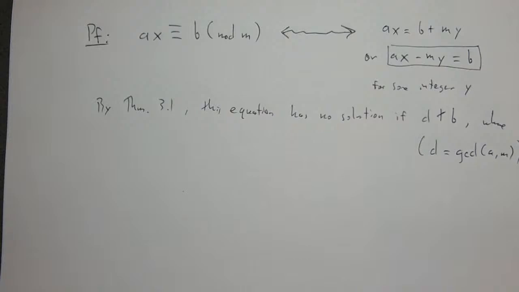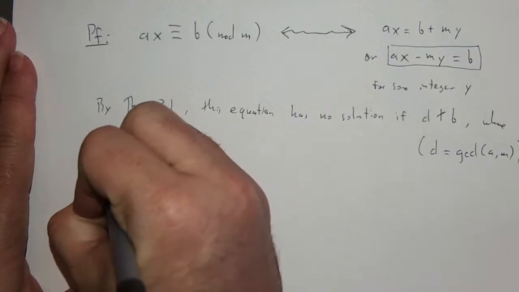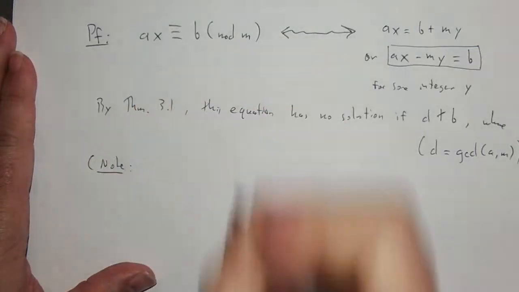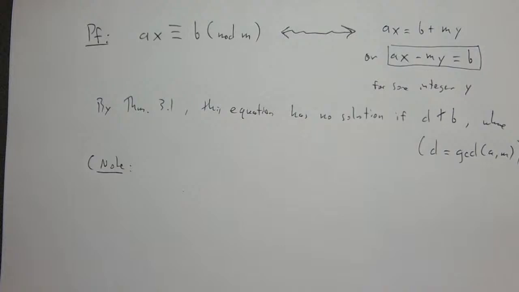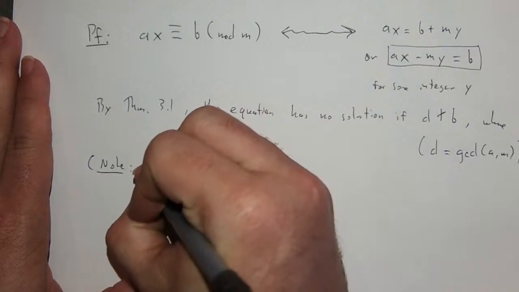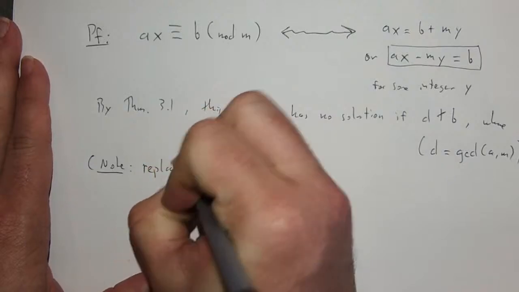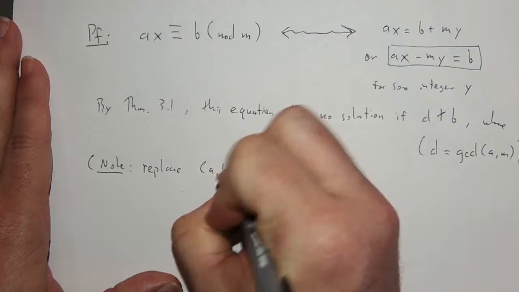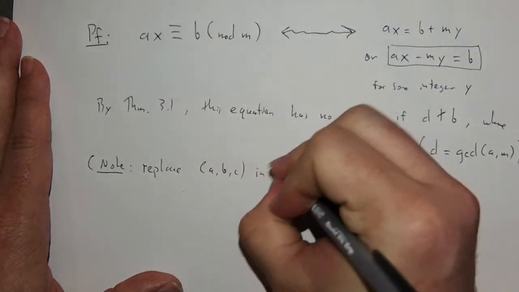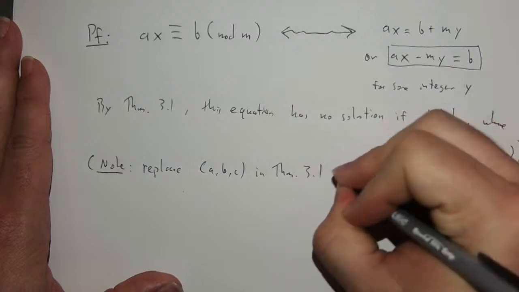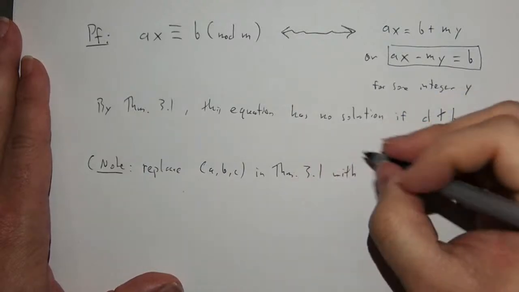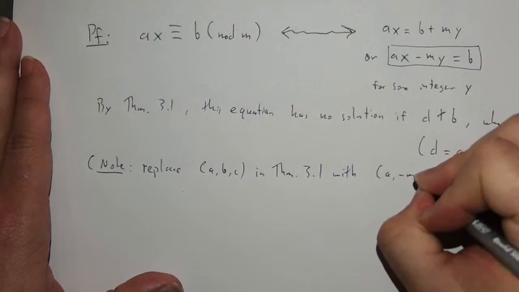Okay. Now note there's some confusion with Theorem 3.1 as stated. Theorem 3.1 was stated in terms of a, b, and c. So replace the triple a, b, c in Theorem 3.1 with a, minus m, and b.